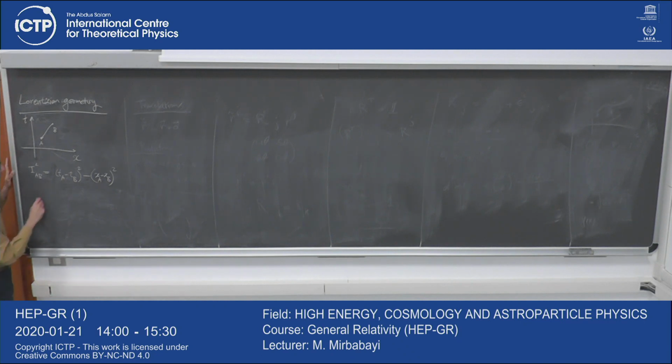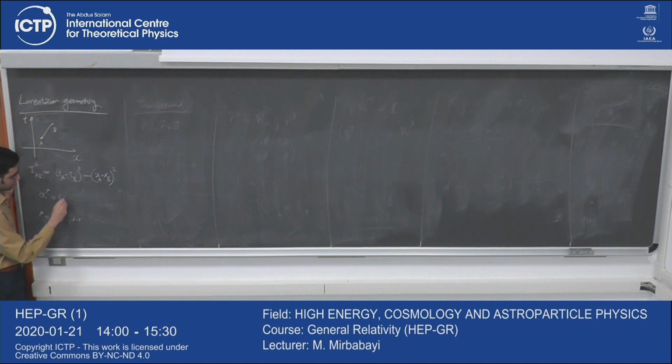Now, again, we can introduce index notation. We have x^mu, where mu goes from 0 to d minus 1, and 0 is time.